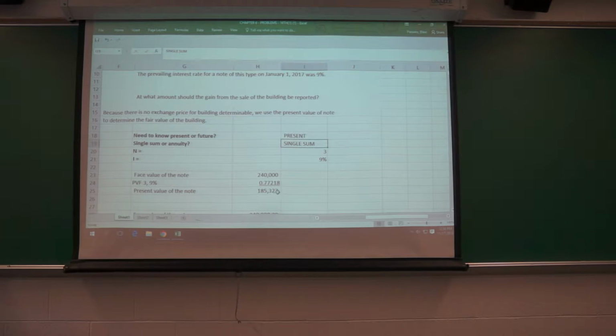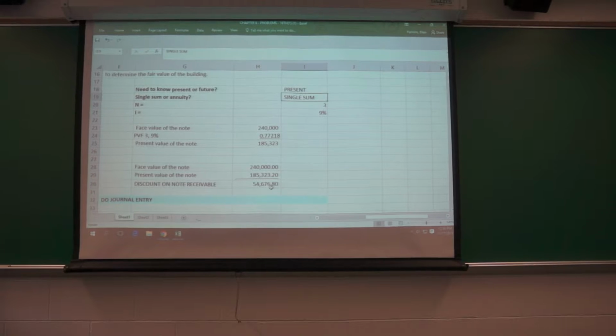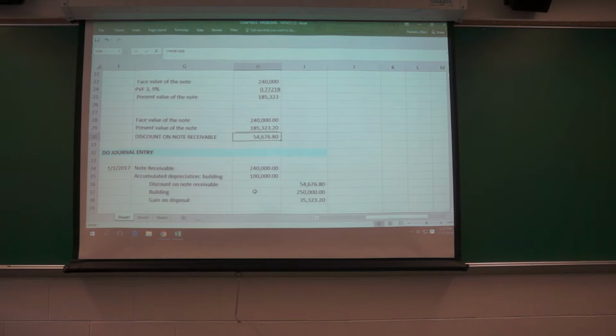So that's essentially what we're saying. We're selling the building for this with the interest factor removed. So if we were going to do the rest of it, we'd say the face value of the note is the $240, the present value is the $185, and then the discount or the interest associated with it would be this $54,676. So then we're able to do the journal entry.